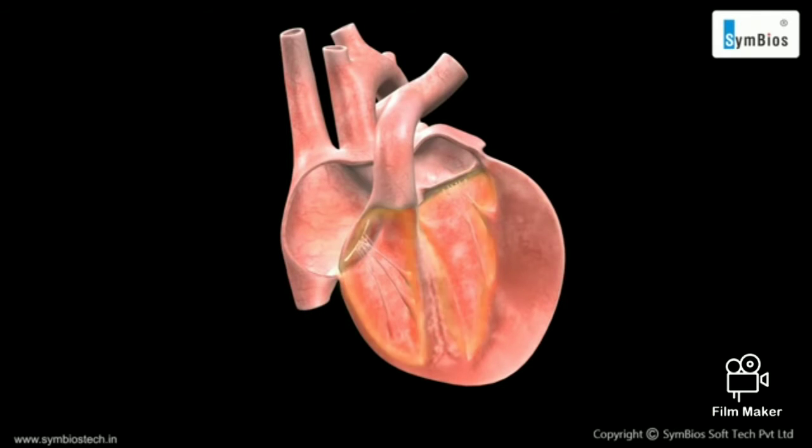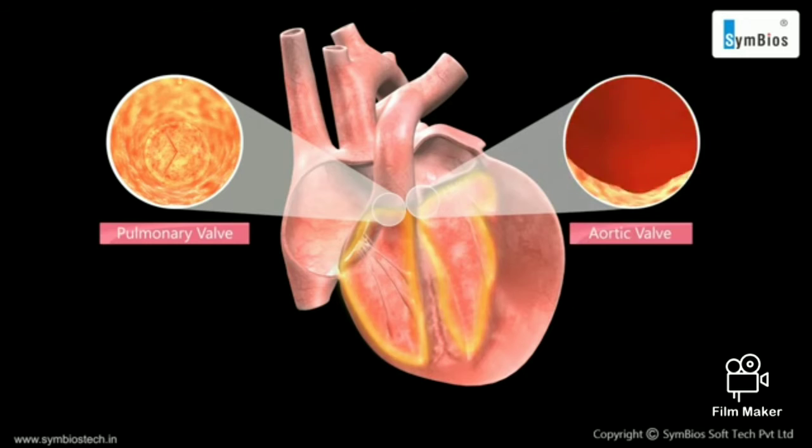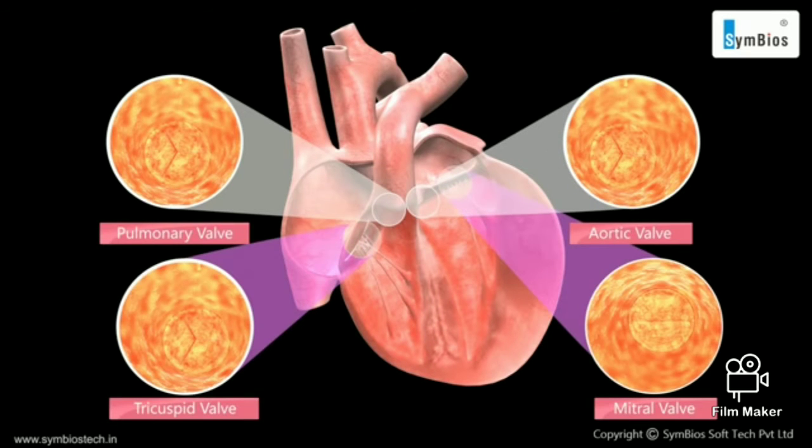The openings of the right and left ventricles into the pulmonary artery and the aorta, respectively, are guarded by the 2 semilunar valves, the pulmonary valve and the aortic valve. These valves ensure that the blood flows only in one direction and prevents backward flow when the atria or ventricles contract.